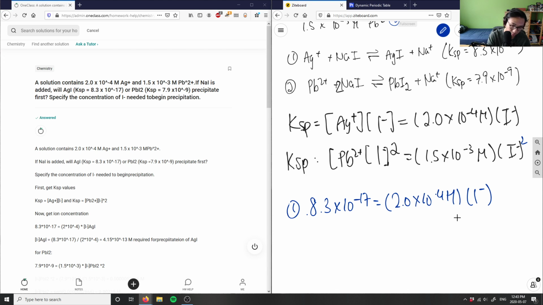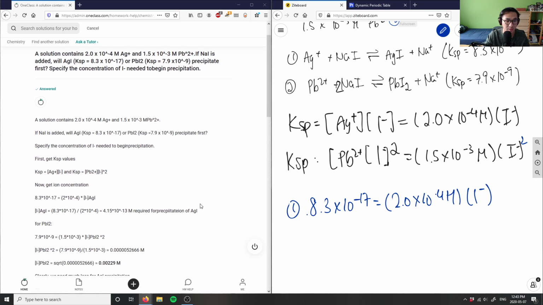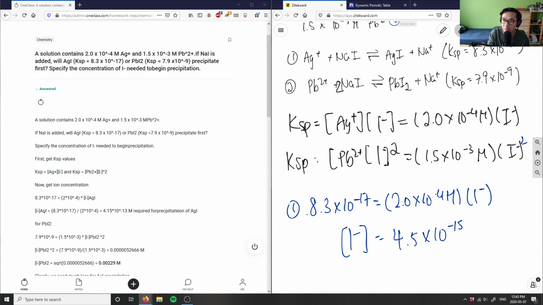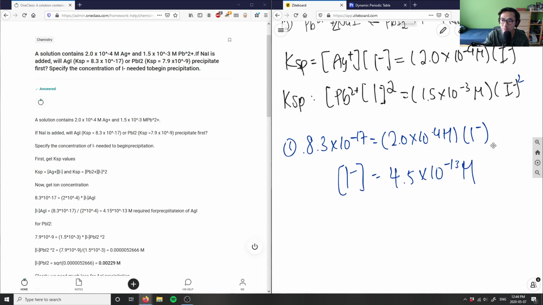So 8.3 times 10 to the negative 17 divided by 2 times 10 to the negative 4. This will equal 4.5 times 10 to the negative 13, which is exactly the same thing as what they got here, which is great. This is our concentration of I-. Oh, that's 15, sorry, 4.5 times 10 to the negative 15 molar.